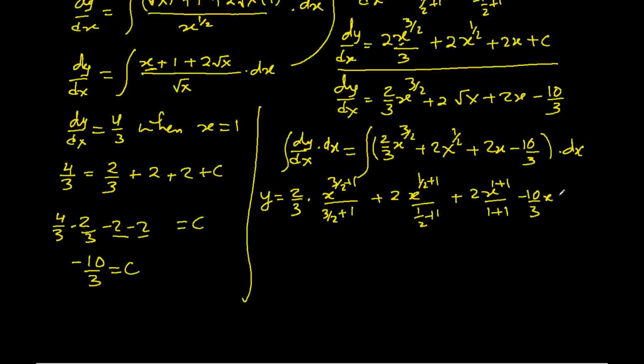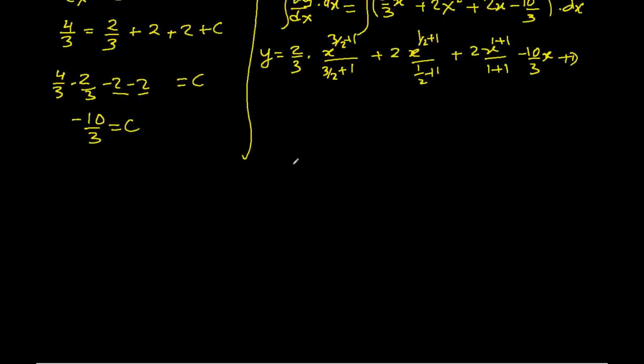There is no x, so we'll add x here, and that becomes the integration. This time I'm writing the constant d. Okay, right, let's simplify. y equals 2 over 3 x to the power 5 over 2 divided by 5 over 2, and let's write 2 here multiplied by 2, plus 2x to the power 3 over 2 over 3 over 2.